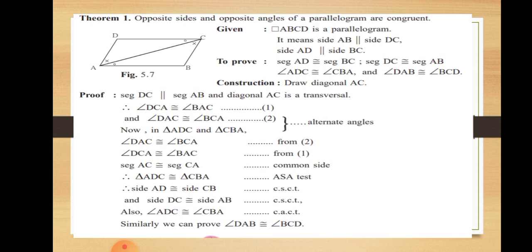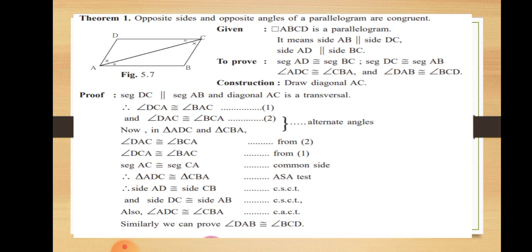Now here we want to show the opposite sides and opposite angles are congruent. For that we must show two triangles are congruent with each other, and that's why here we are taking two triangles, triangle ADC and triangle CBA. In those triangles, angle DAC is congruent with angle BCA, and angle DCA is congruent with angle BAC.